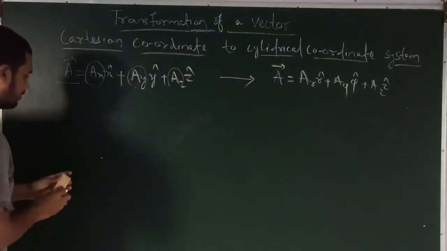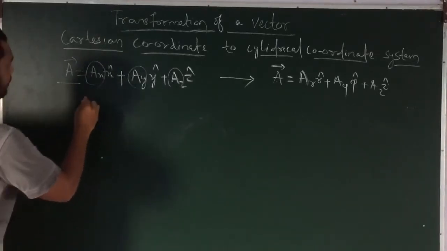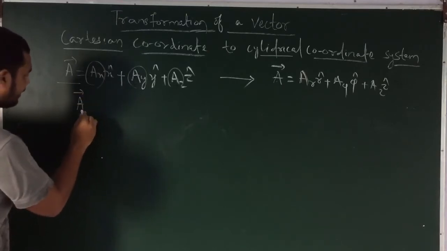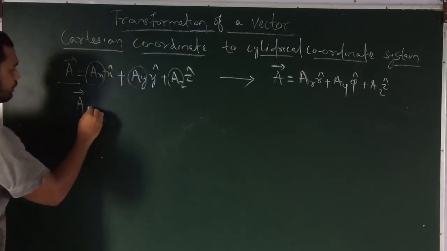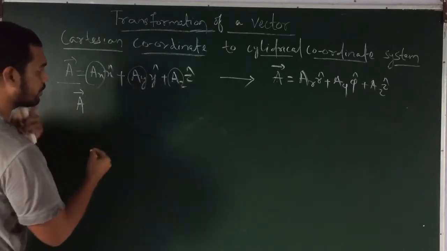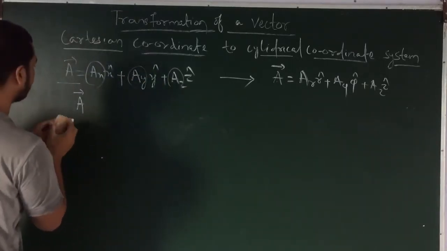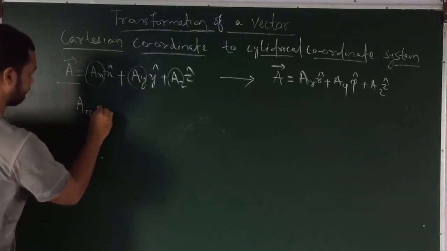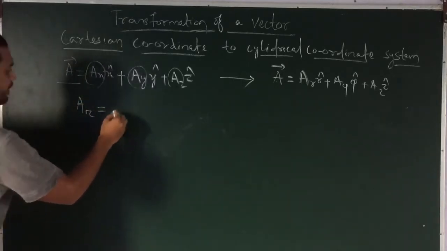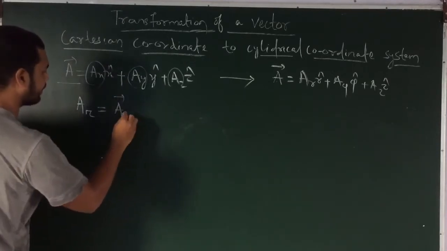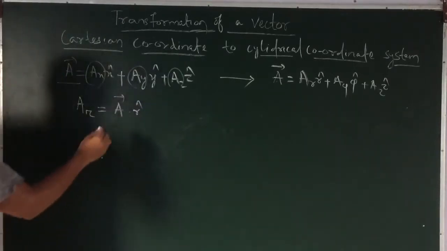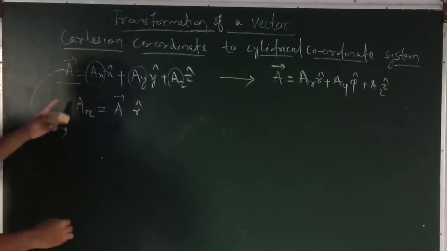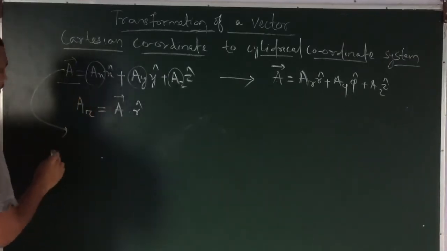We have to convert the vector A into cylindrical coordinates of the form. So we have to first find Ar. What is Ar? Ar is simply A dot r cap. To explain, let's see this vector which has already been given to us.